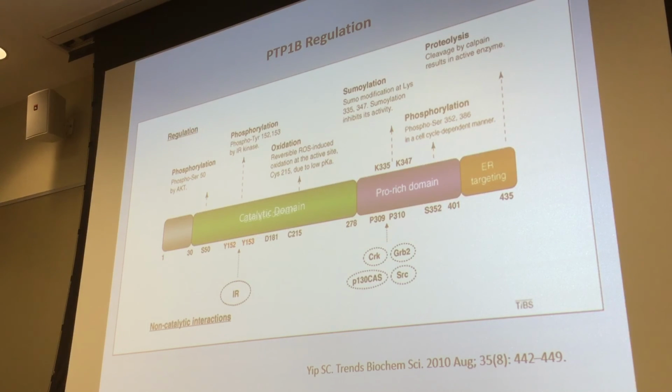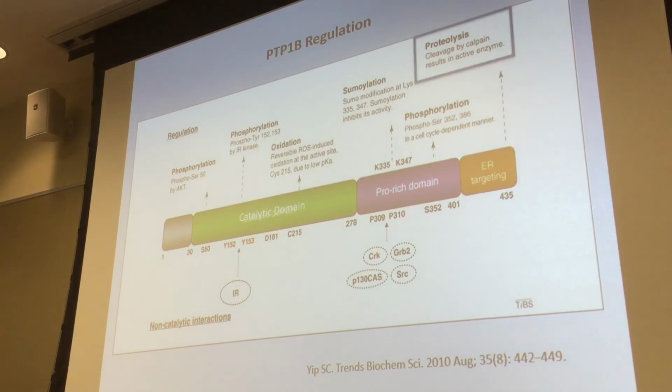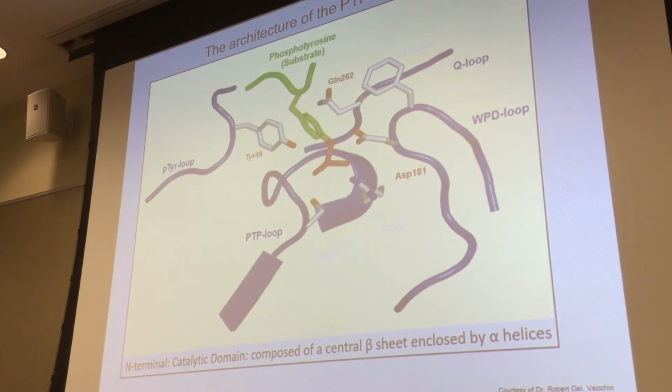Those are going to be lysines. So you can see we've got lots of regulation, and the cell needs to have regulation of the protein for phosphorylation and dephosphorylation.